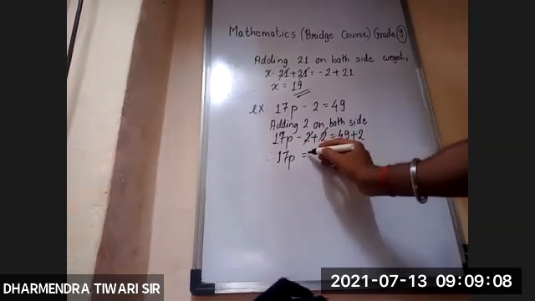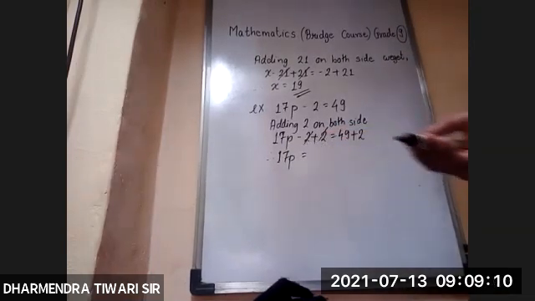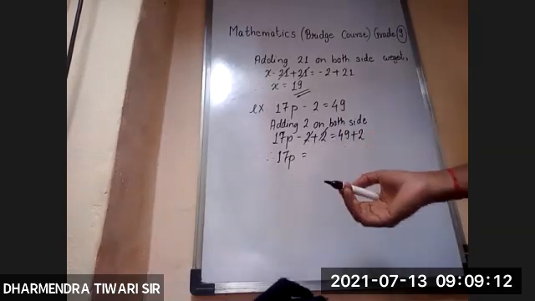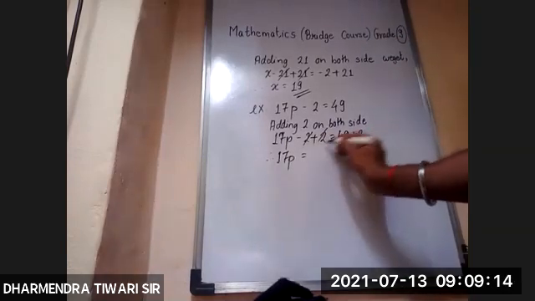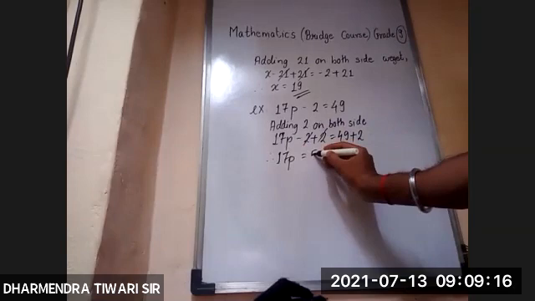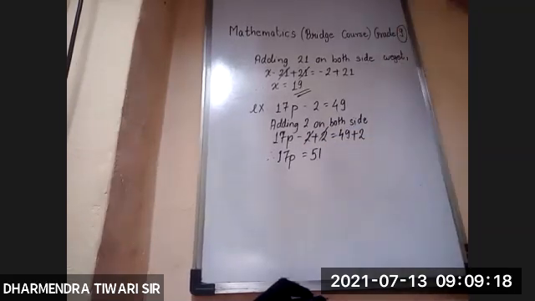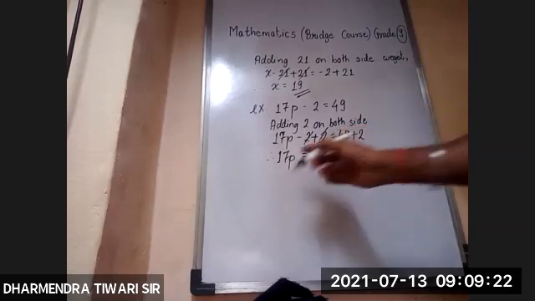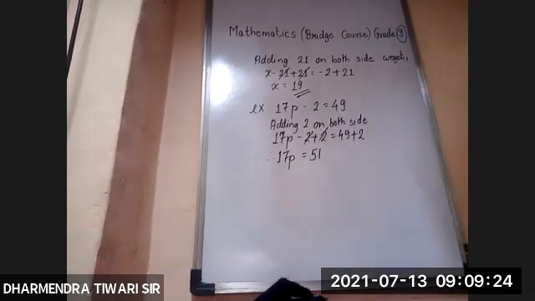So what remains is plus 0. 17p plus 0 is 17p again. So I'm writing only 17p. 49 plus 2 is 51. As we are good in tables, we know that 17 threes are 51.